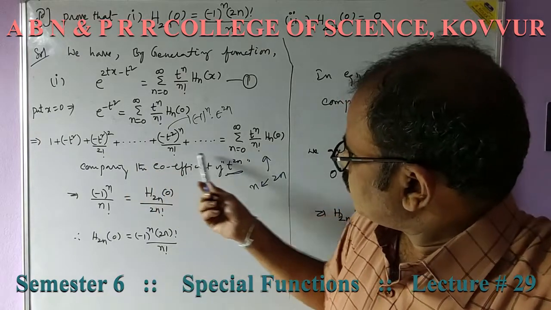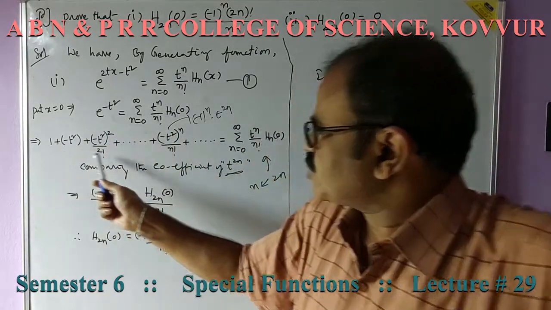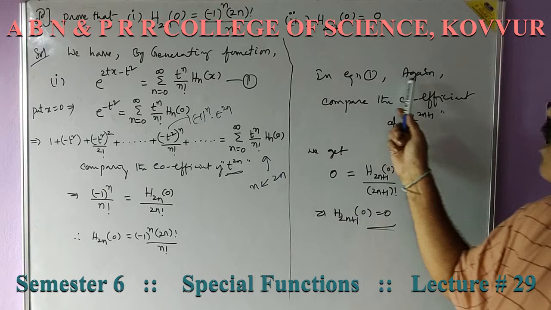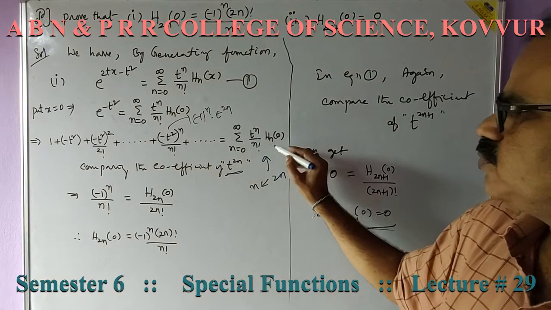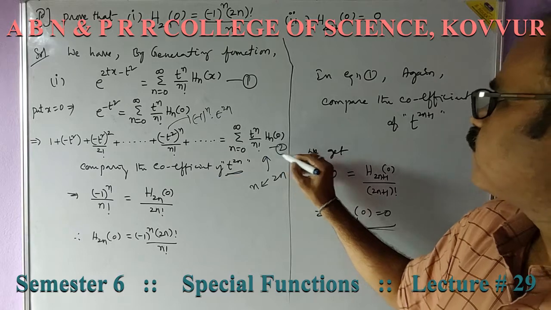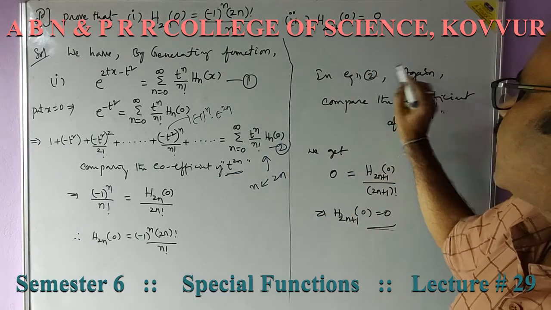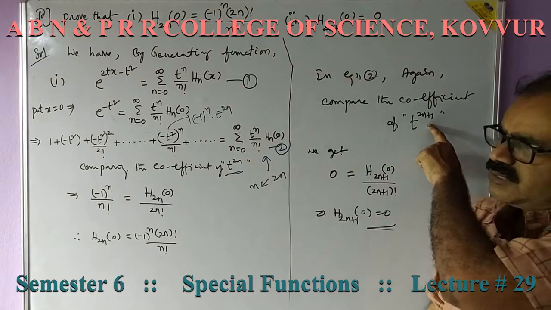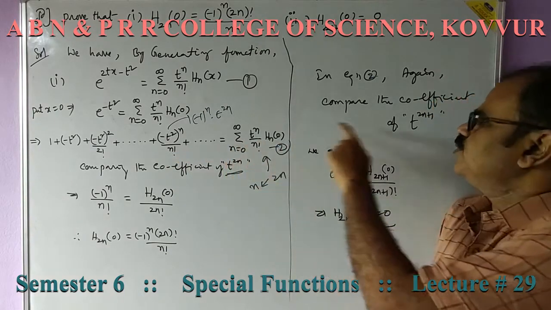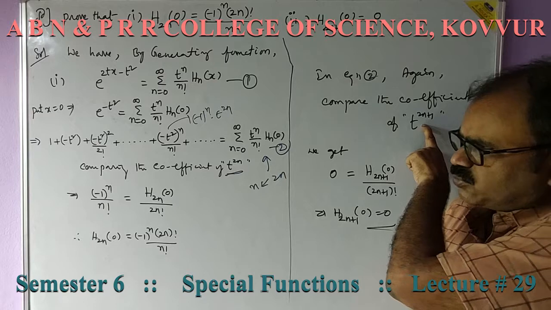In the same equation, this is equation 2. In equation 2, again comparing the coefficient of t^(2n+1).